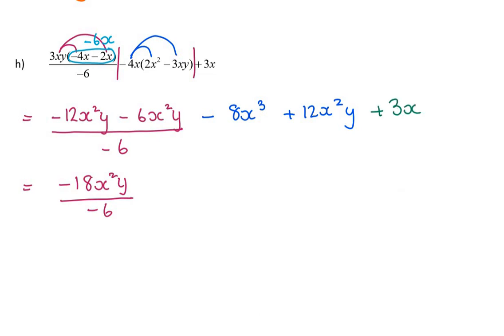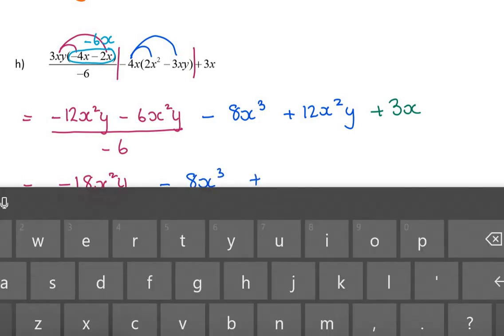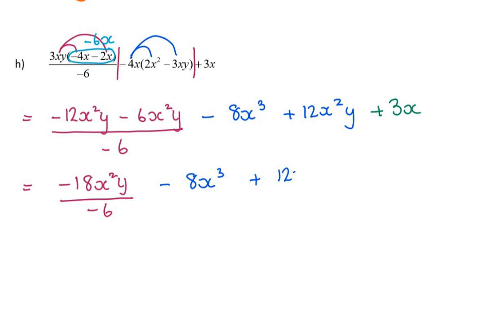So I'm just going to bring down those. This is minus 8x cubed. There's no like terms here. Plus 12x squared y's plus 3x. So I still need to simplify that first term. So negative divided by negative is a positive. 18 divided by 6 is 3x squared y's.